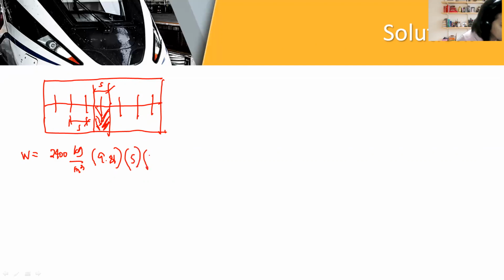Yung thickness natin, sabi is, ang thickness ng pavement natin is 150. Then sabi niya, yung road daw natin is 8 meters. E dalawang pinagtugtungan. Kaya dapat isa lang yung kukunin natin. Ito lang, which is 4 meters. Kasi parehong 4 yan.